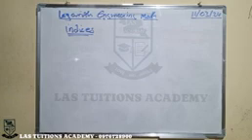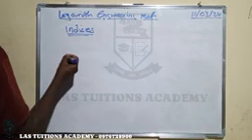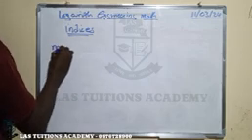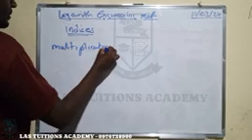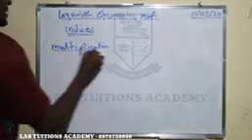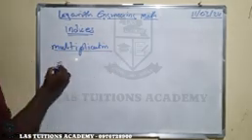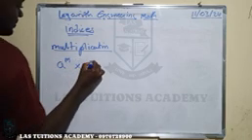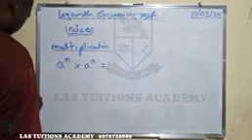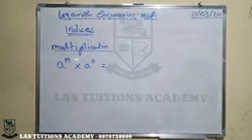Okay. So we begin with indices. Let's say we have multiplication under indices. When we have a to the power m times a to the power n, and we are multiplying with the same base, what do we do with the powers?